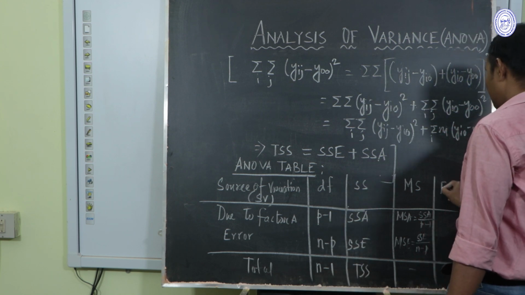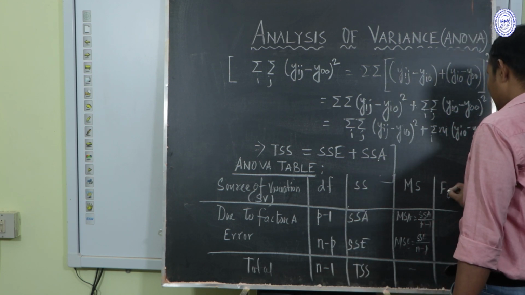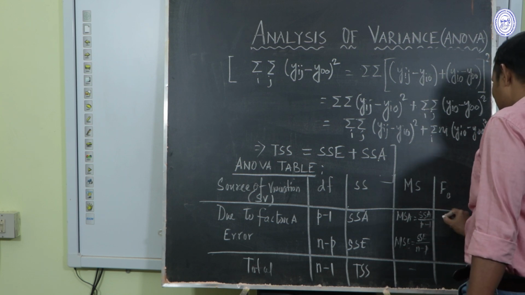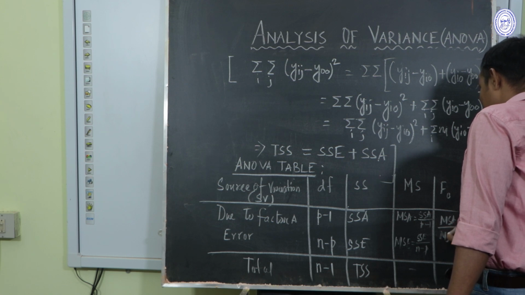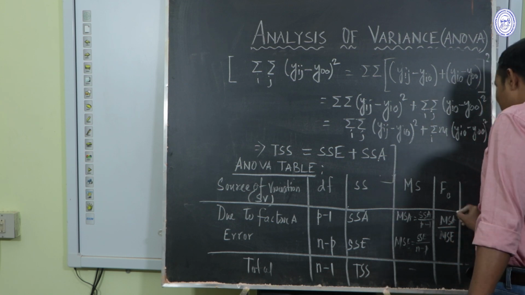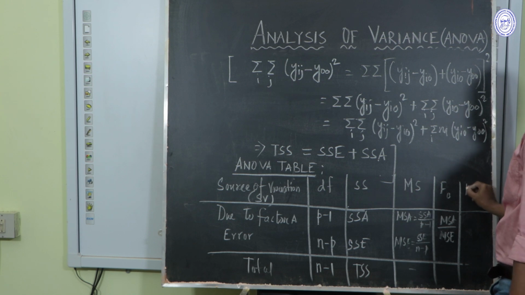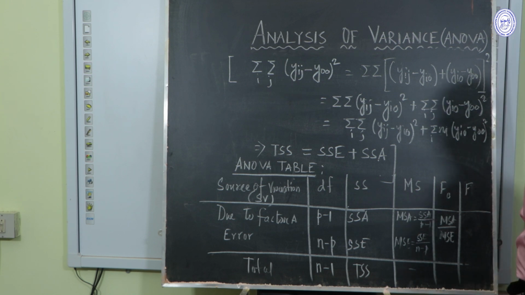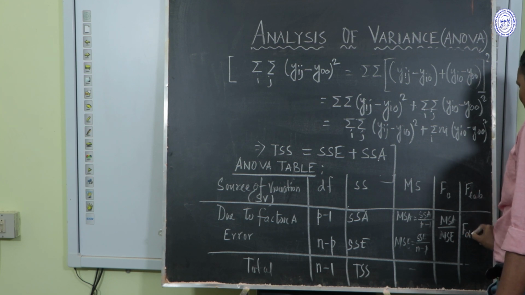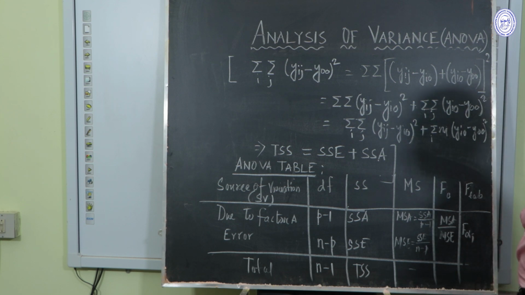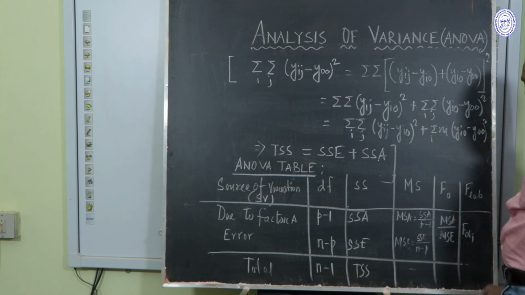Next column F0, F calculated, MSA by MSE. Last column tabulated F value, F tab, F alpha, where alpha is level of significance, alpha comma p minus 1 comma n minus p.